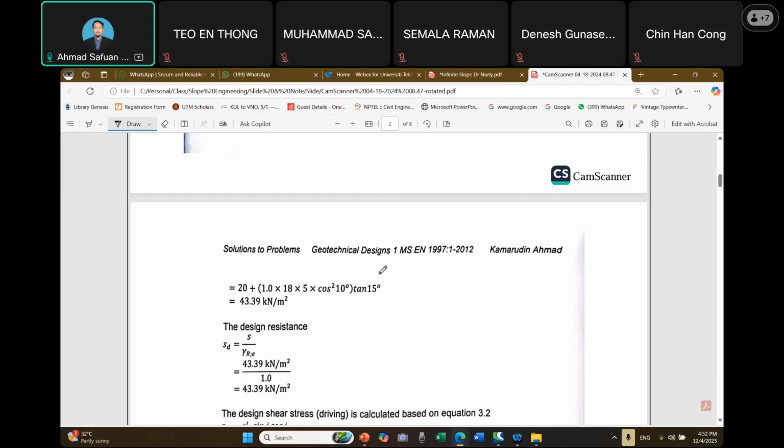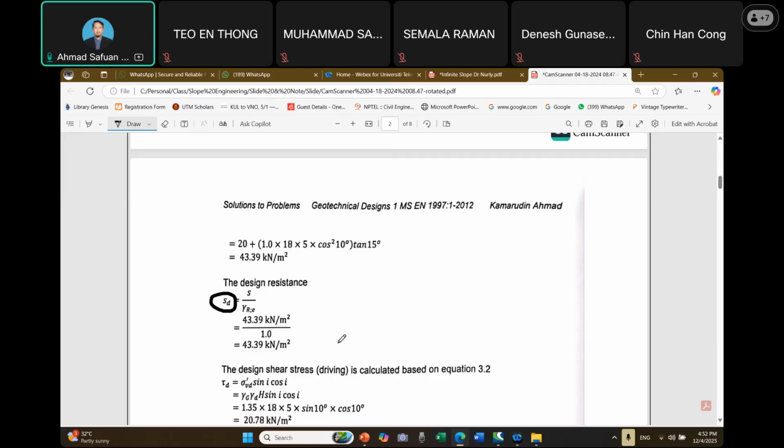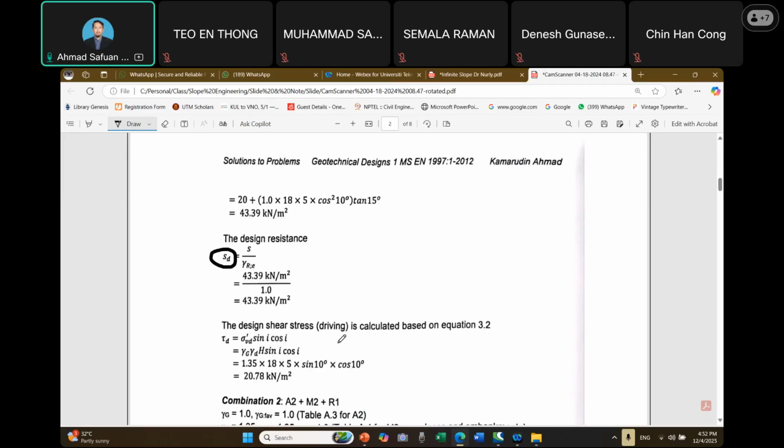When we divide with gamma RE, we obtain the same as the characteristic of S. We still need to show this procedure, because if we do not divide it with the partial safety, we do not get the design parameter. So that is for the S.